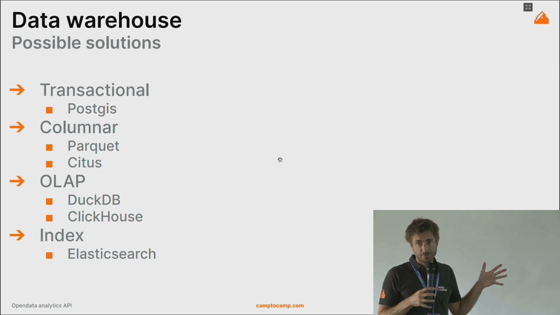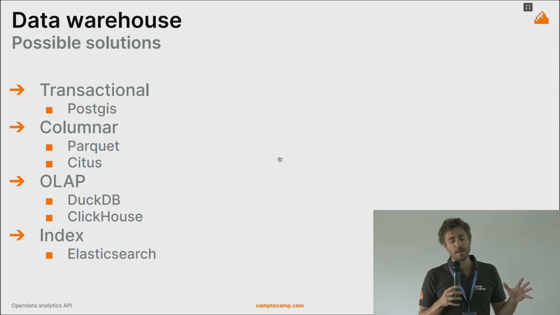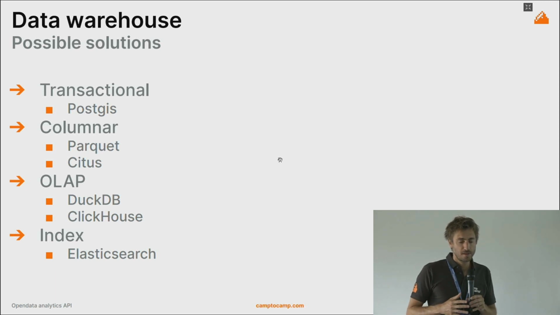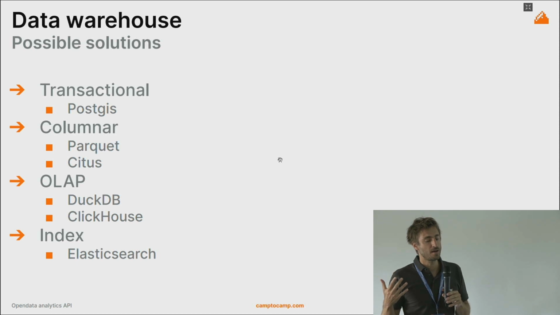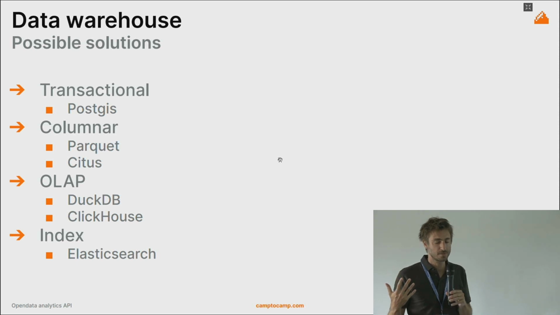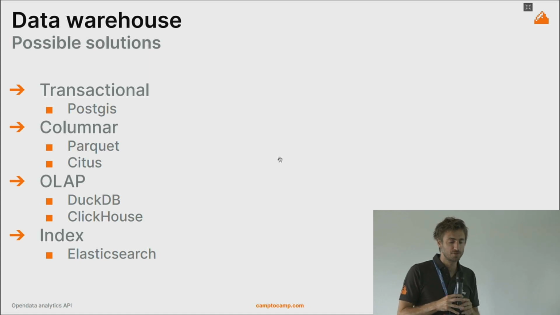So there are columnar formats, you know Parquet and GeoParquet. Citus, which is a Postgres extension for columnar formats. OLAP, which is online analytical processing, like DuckDB or ClickHouse. It's based on columnar format, but it provides some APIs, not REST APIs, to be able to get value from the data.